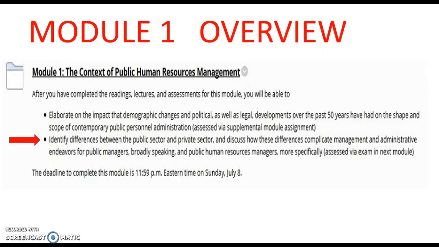In some instances, say when one branch is controlled by one party and the other branch of government is controlled by another political party, this arrangement could even lead to conflicting goals and objectives. Human resource managers in private organizations, on the other hand, typically are accountable only to the CEO or the board chair. Hopefully, this concept will become more clear as you read the material for this module.